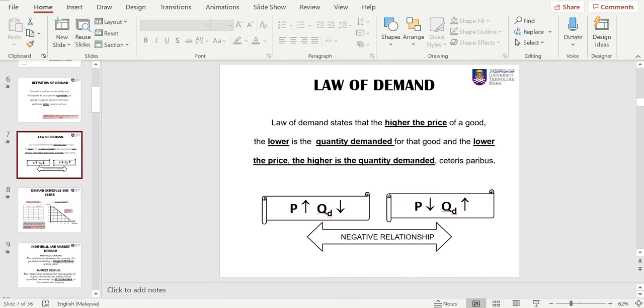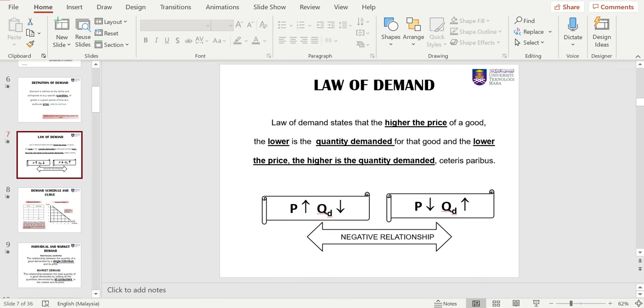They will get products with best value. But what we don't know is, if the price increases, how much will the quantity demanded decrease? If, for example, I told you the price of a pen increases from RM1 to RM2, do you know how much the quantity demanded decreases? From 100 to 50? From 100 to 20? How many? Do you know? We don't know.